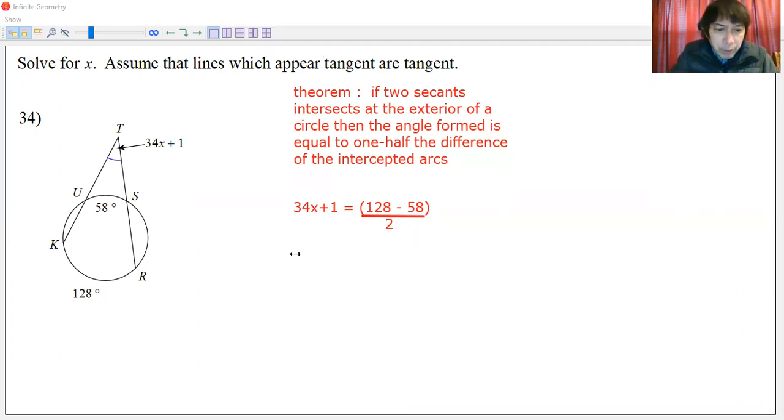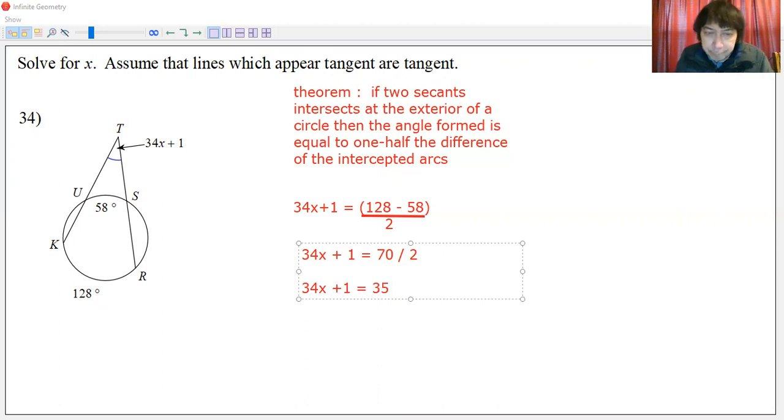So this continues with 34x plus 1, which is equal to 70 divided by 2, which results to 34x plus 1 equals 35.